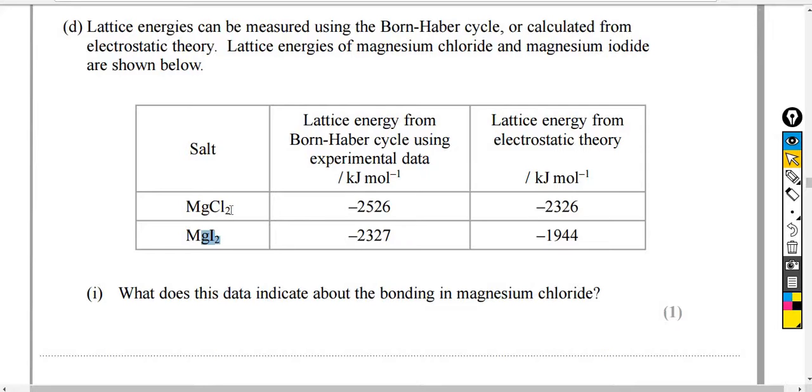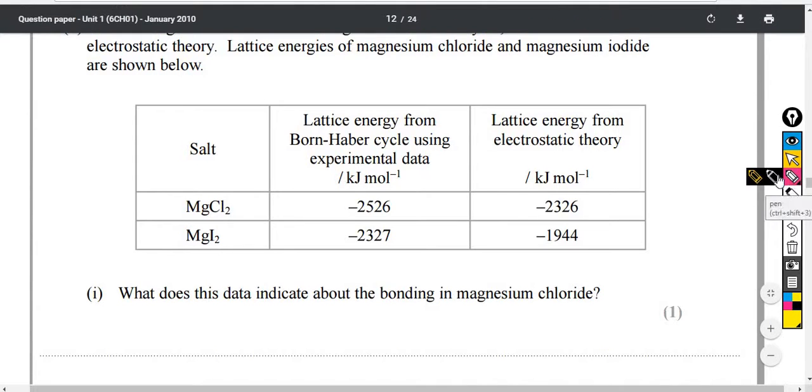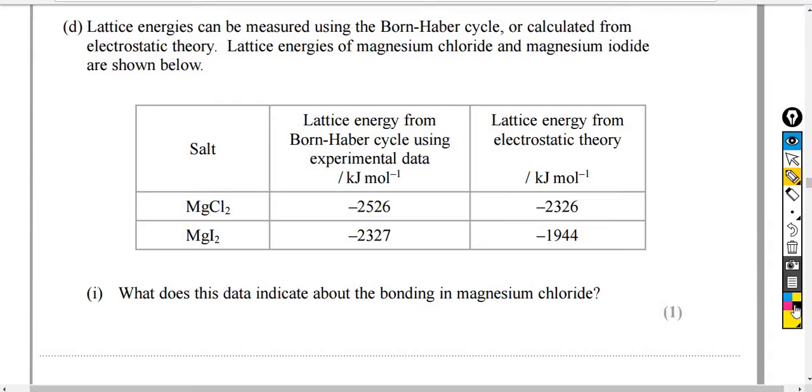You can say the chloride ion is smaller than the iodide ion, as chlorine is higher in the periodic table than iodine. So the iodide ion is much larger.